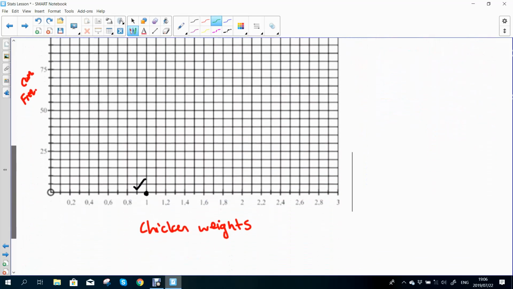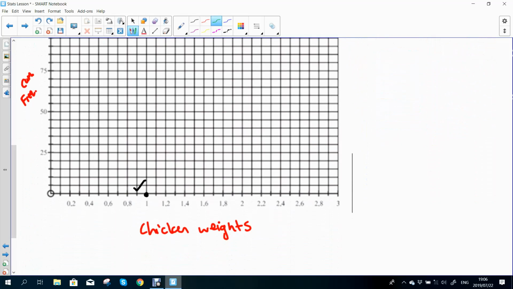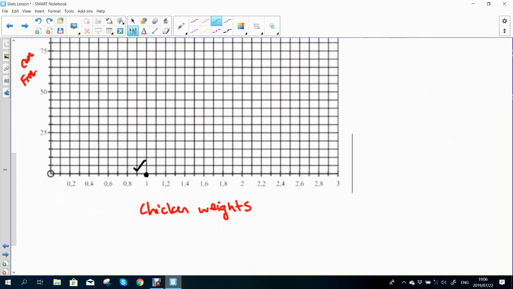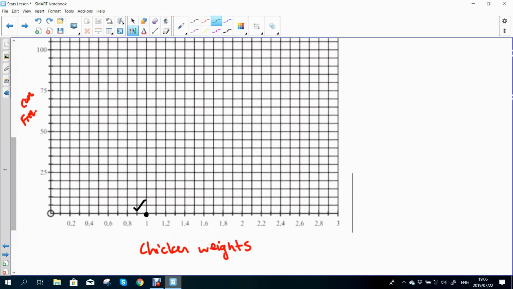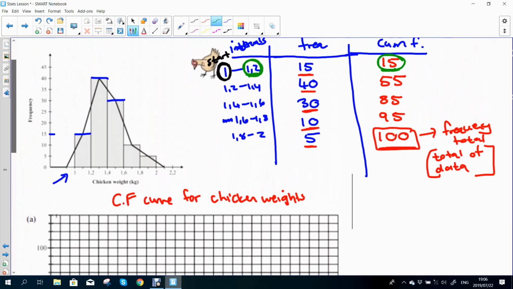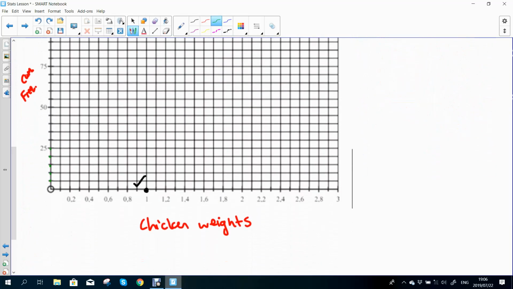So 1.2, you start at 1.2 and your y value there is 15. So 1.2 and 15, let's just check. This is 25 and it's going up in 25s, and we want 1, 2, 3, 4, 5. Okay, so that's going up in 5s, and we want 15. So 5, 10, 15, 1.2, there it is.